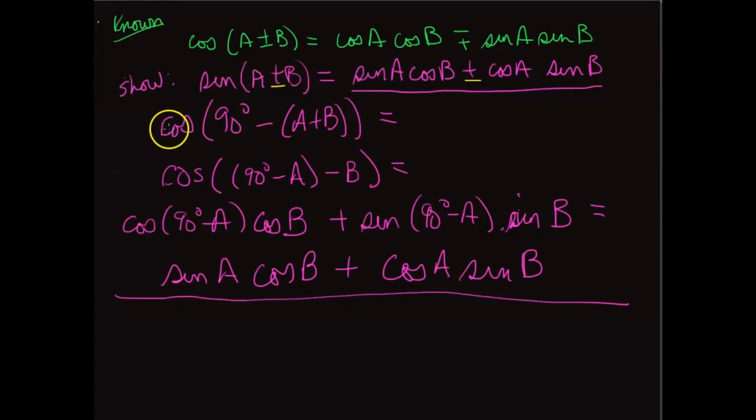So the cosine of 90 degrees minus a minus b, the cosine of 90 degrees minus a, but then this would be plus b, the cosine of 90 degrees minus a, cosine of b, and for the cosine this would then be minus the sine of 90 degrees minus a and the sine of b. But now this is sine a cosine b minus cosine a sine b. So we just needed to put that minus sign in there because it's the same argument all the way down.